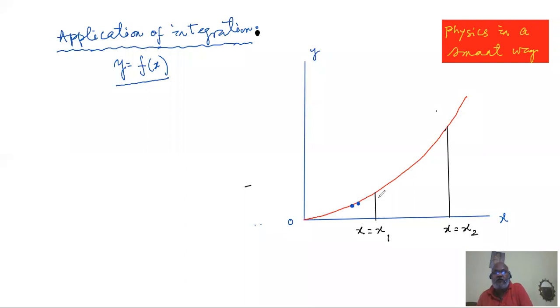The extra here is that I have selected a particular x, that is x equal to x1, and putting the value of x as x1, if the equation is given to us, we can find the suitable value of y, or maybe we select a particular point on the curve.